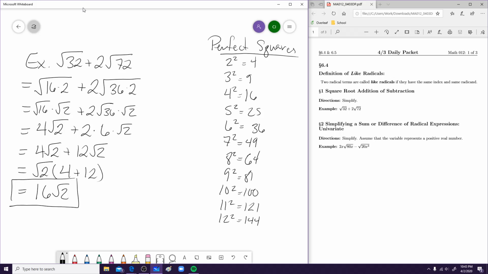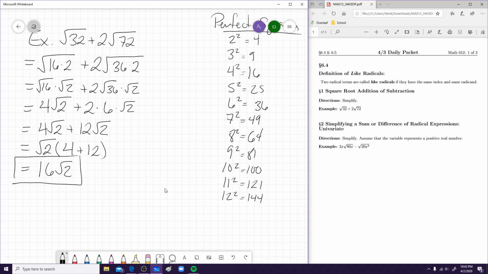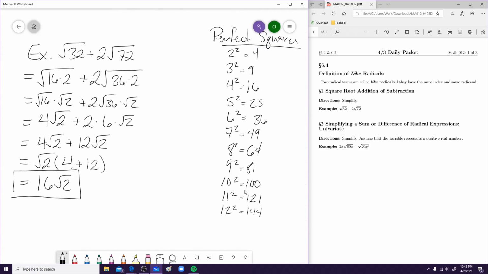Right? So now what I'm going to show you is the least I expect from you. Instead of rewriting it, I'll just erase what we don't need. I still need you to show me this, right?